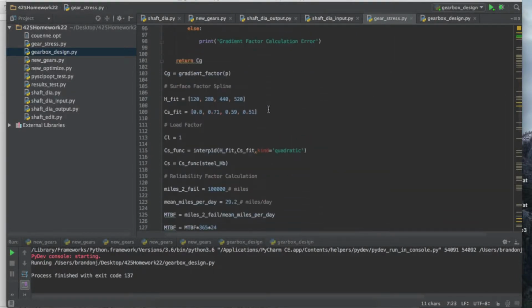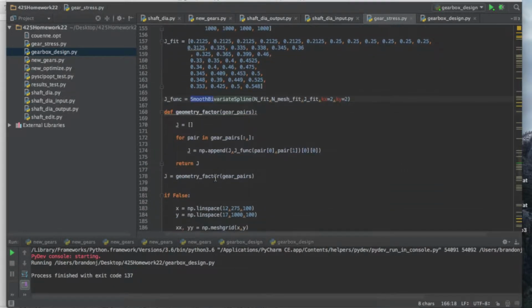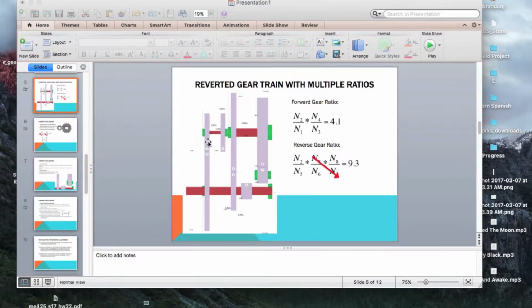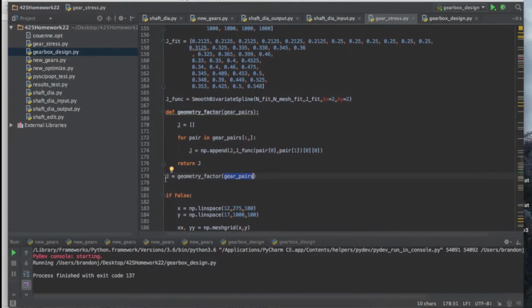That way I could create this function that I can call right here by putting in a gear pair. A gear pair would be the number of teeth of one, n, and then n mesh would be the number of teeth that it meshes with, and that gives me the corresponding geometry factor.